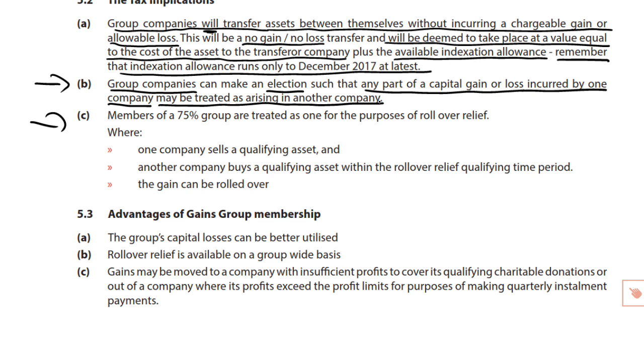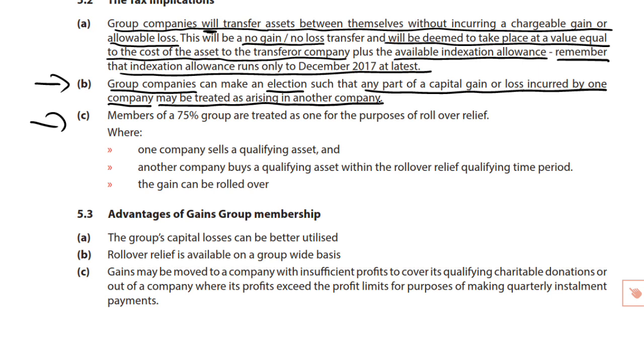So where you have gains or losses arising within a gains group member, what you are able to do, and this can be done retrospectively after the end of the accounting period, the detail of the admin we'll look at next time, is to deem that any part of a gain or any part of a loss made by one gains group member may be treated as having been made by any other gains group member. It allows you to move gains as well as losses around within the 75% group at will.